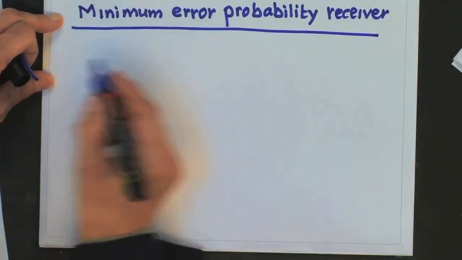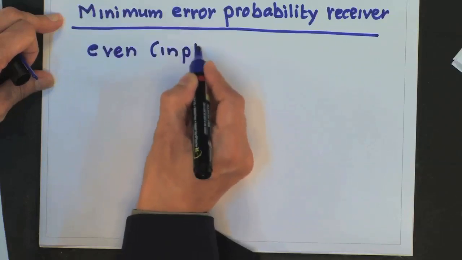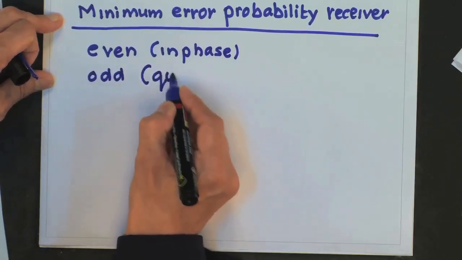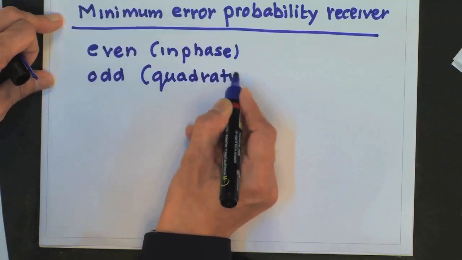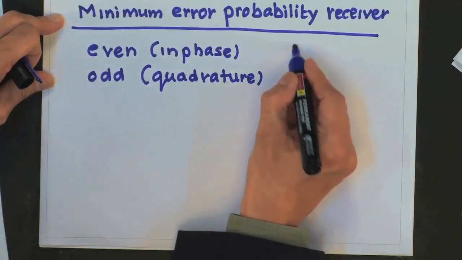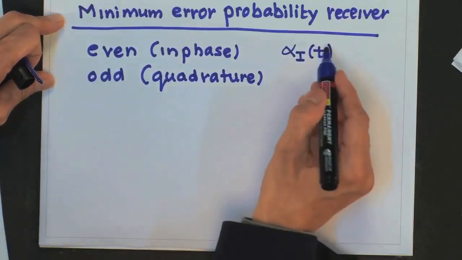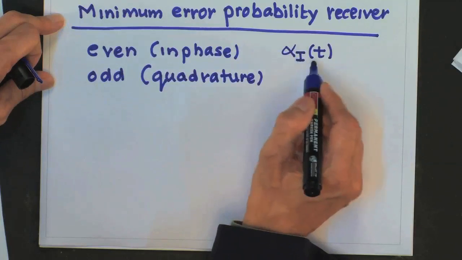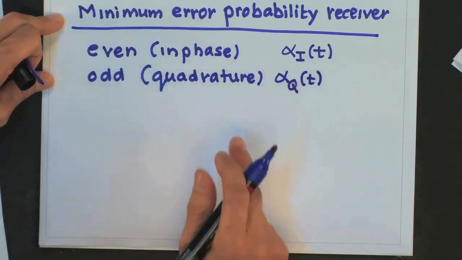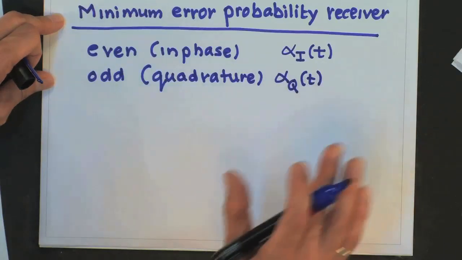Now, note that the even bit stream, that is your in phase, and the odd bit stream which is your quadrature, both can be treated separately since the alpha_I(t) bit stream waveform does not have any component along the phi 2(t) basis signal, and similarly the alpha_Q(t) bit stream waveform does not have any component along the orthonormal basis signal phi 1(t).